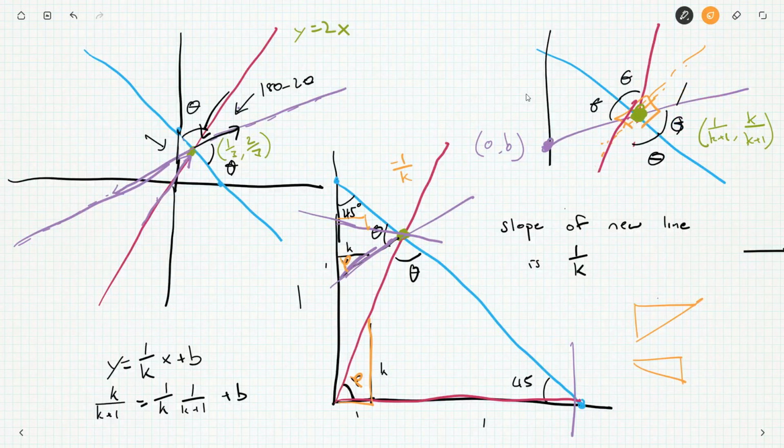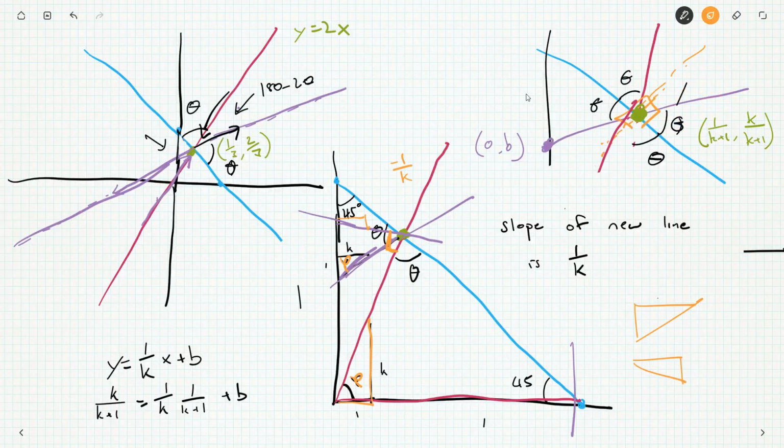And I would say, well, that's actually going to give you the right angle between the two. Yeah, that'll give you a right angle.